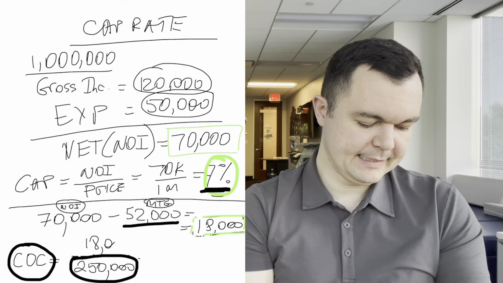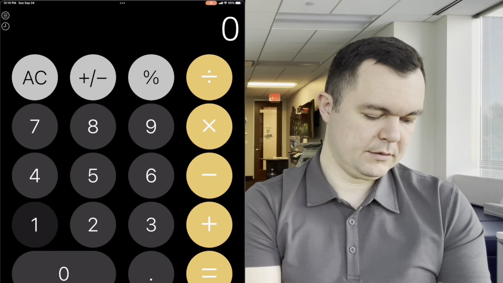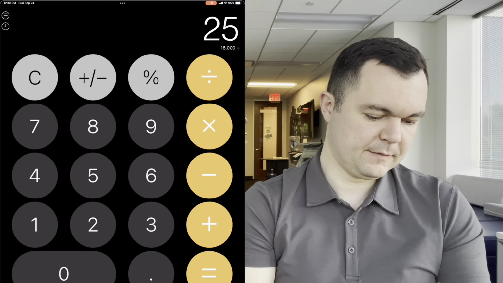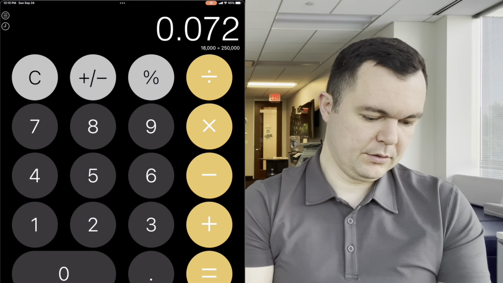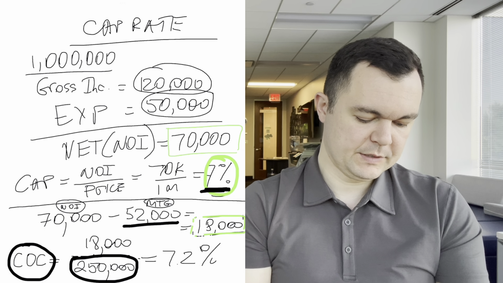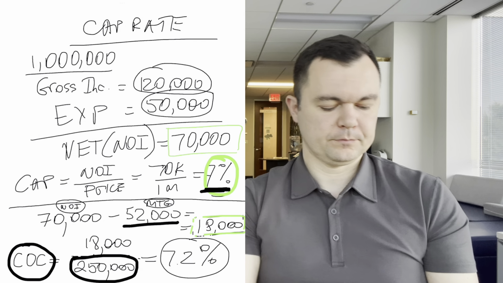So if you take $18,000 divided by $250,000, you're left with 7.2% cash on cash. Pretty much the same thing.